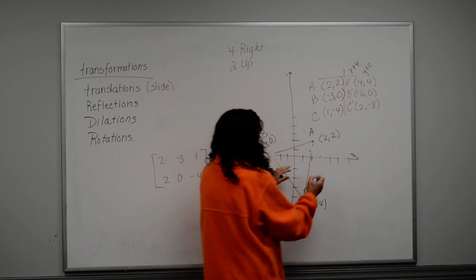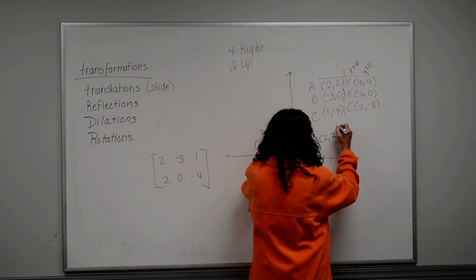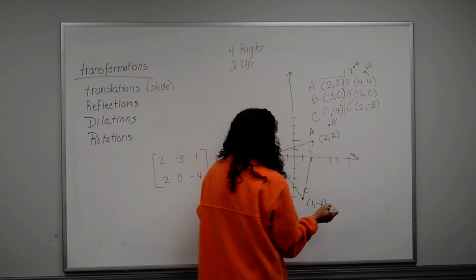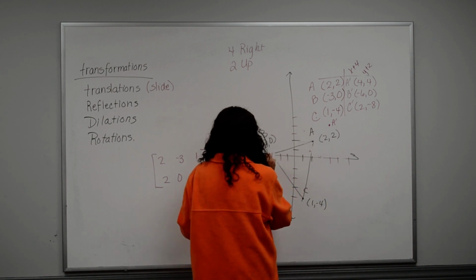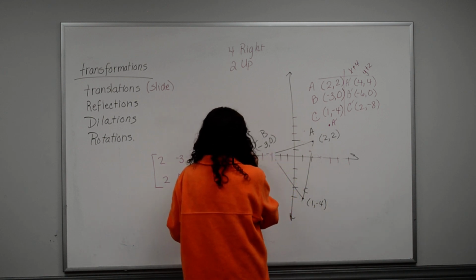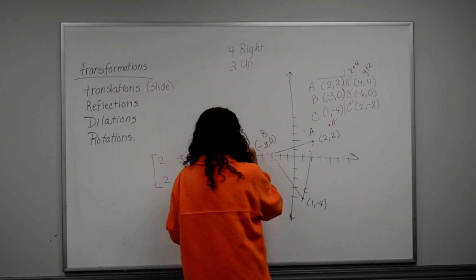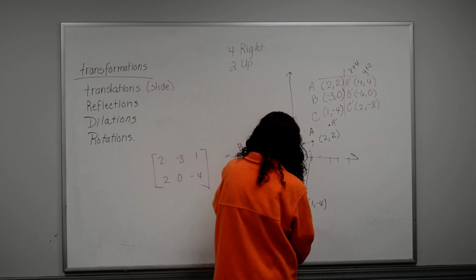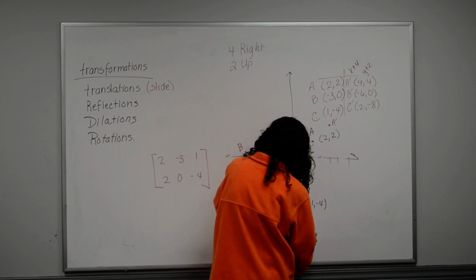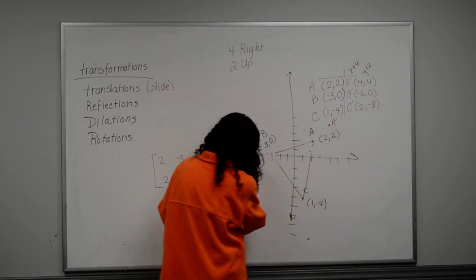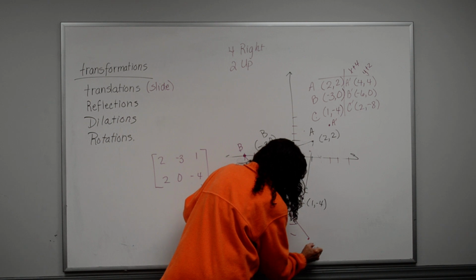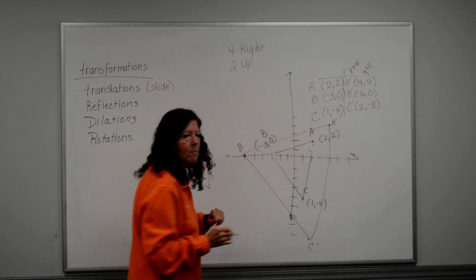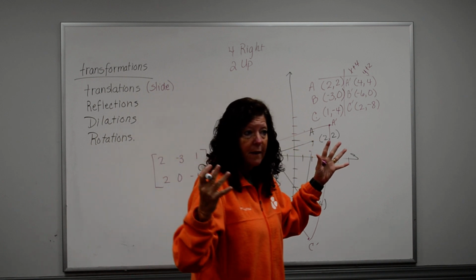That's going to be A prime, negative 6, 0 is going to be B prime, and 2, negative 8 is going to give me C prime. That was by a factor of 2.